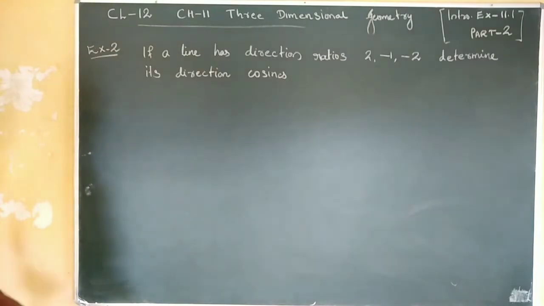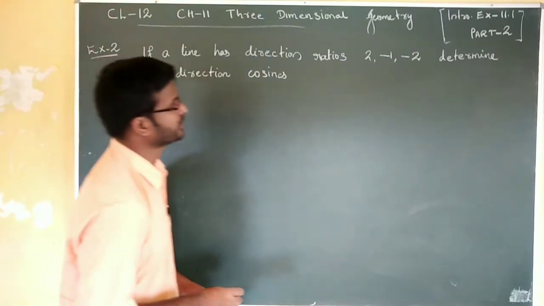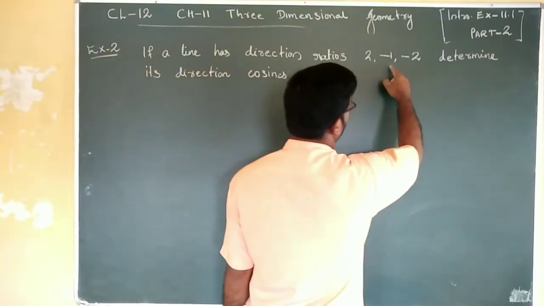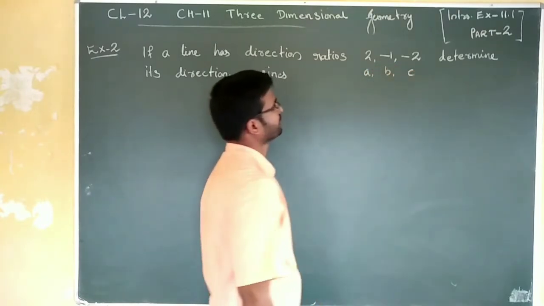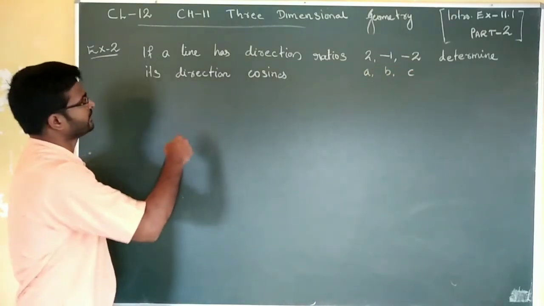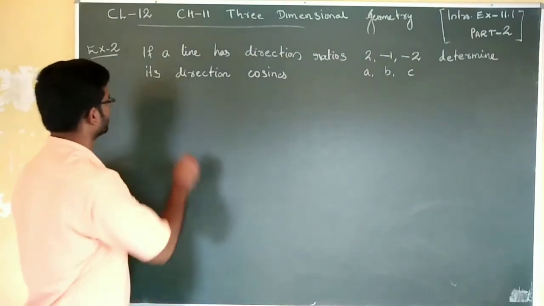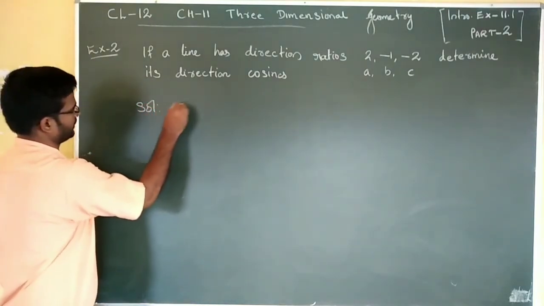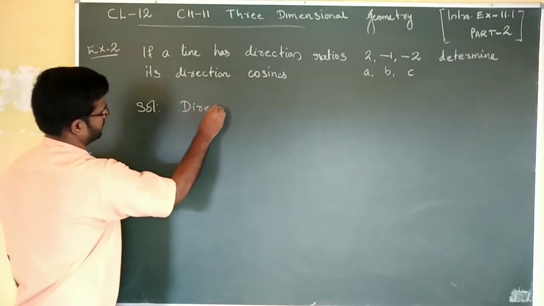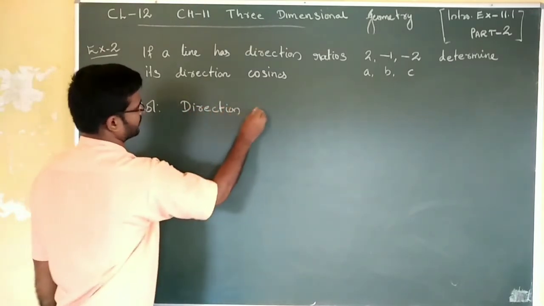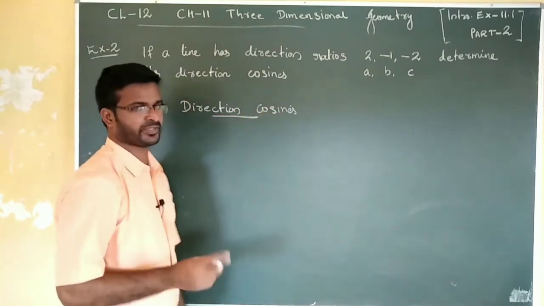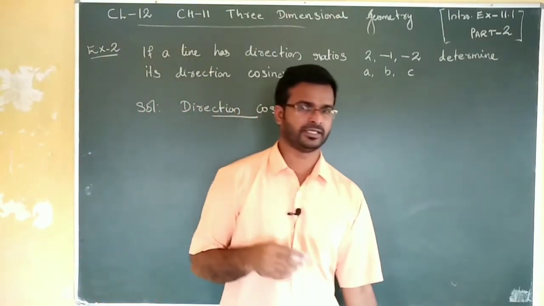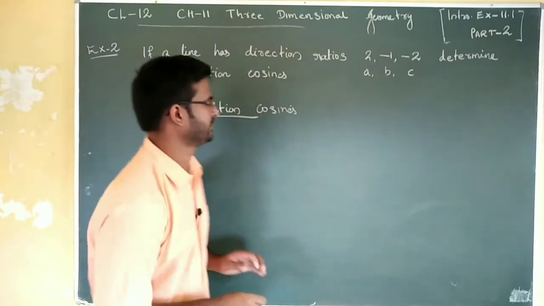Example number 2. If a line has direction ratios 2, minus 1, minus 2, where direction ratios we used to consider a, b, c, determine its direction cosines. Solution: direction cosines. In the previous video we have already studied the relation between direction ratios and direction cosines.